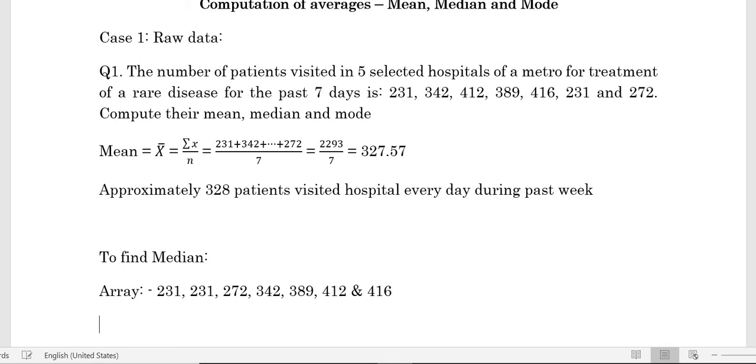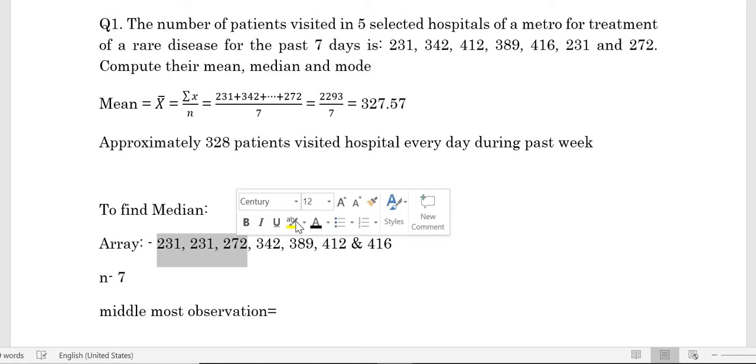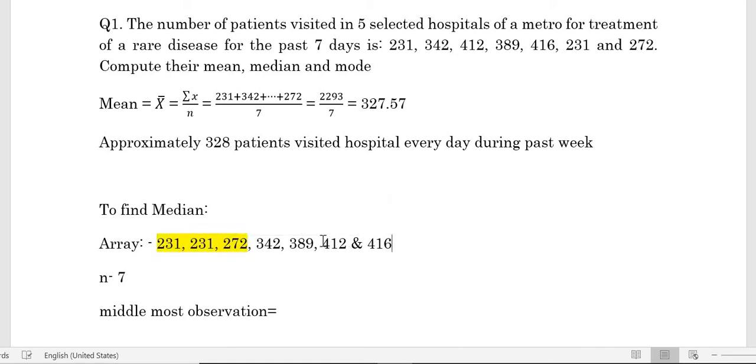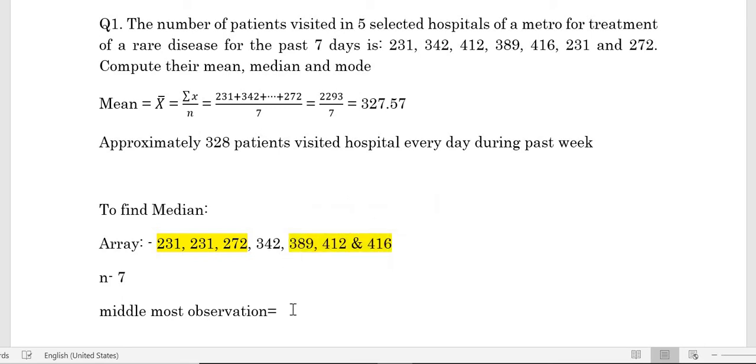Okay, so here what is the number of observations? 7. So we know that the middlemost observation will correspond to the fourth observation, right? That is (n plus 1) by 2th observation. We don't have to worry much about it. If you take from either side, these three are the numbers from the left end. These three are the numbers from the right end. Hence, we have a single unique value in the middle, that is 342.